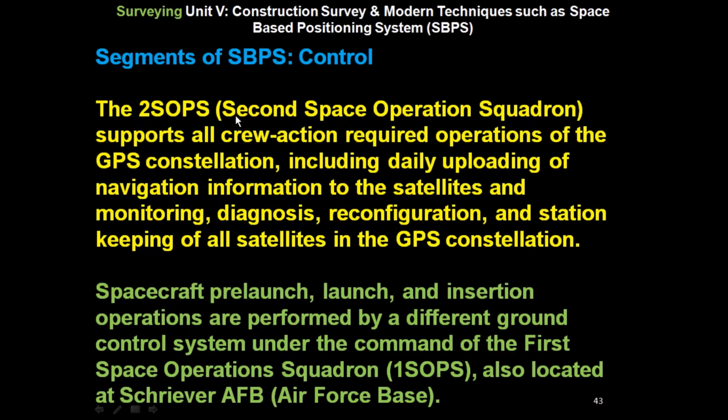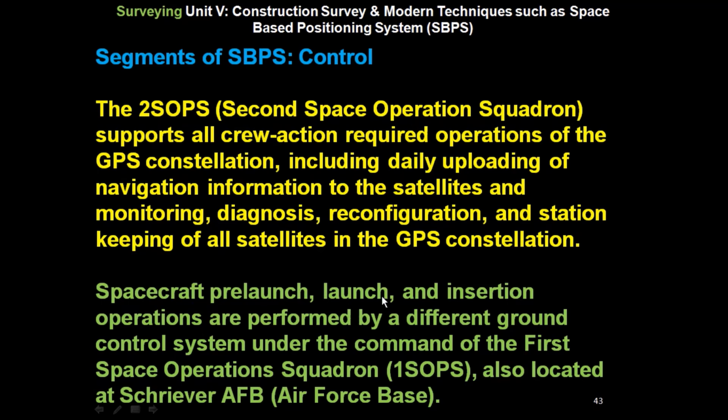The 2 SOPS, that is Second Space Operations Squadron, supports all crew action required operations of the GPS constellation, including daily uploading of navigation information of the satellite and monitoring, diagnosis, reconfiguration and station keeping of all satellites in the GPS constellation.